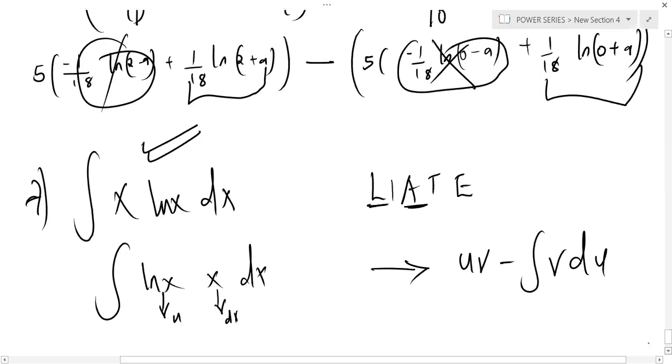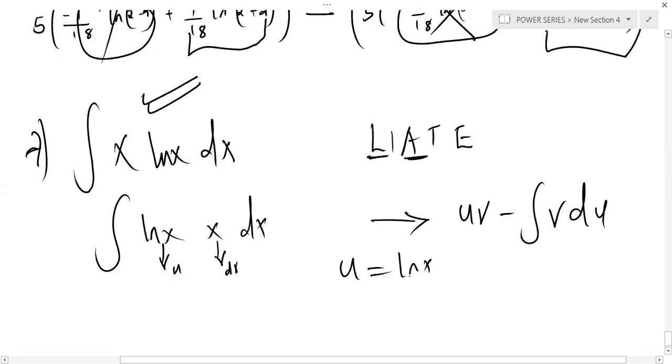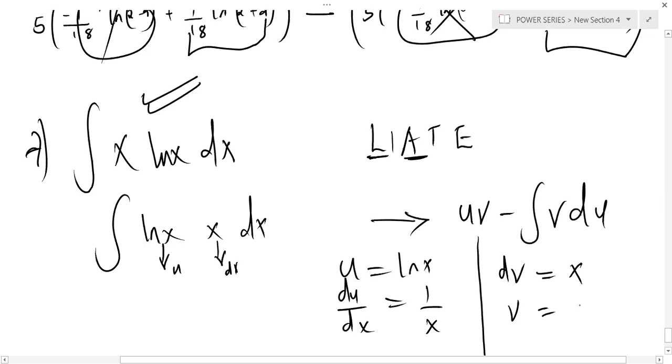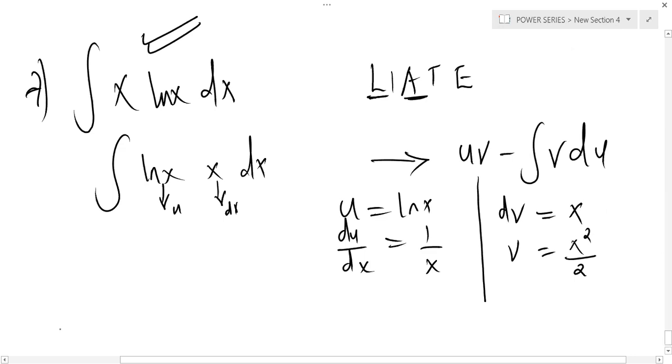And the formula for integration by parts is uv minus integral of v du. Now, we already know what our u is. Our u is equal to ln x. So what is our du dx? If you differentiate ln x, what do you get? You get 1 over x. Then our dv is equal to x. What is our v? If you integrate x, what do you get? X squared over 2. So coming to input these values, uv, what is uv?